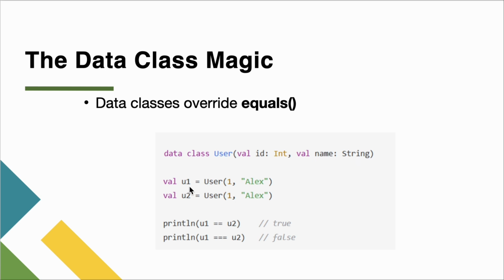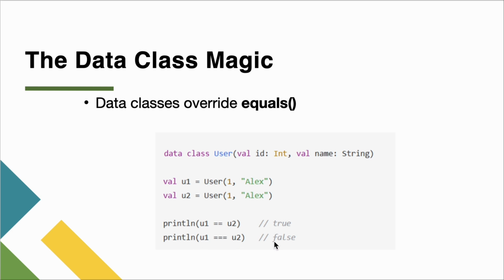Now val user1 equals User, where I'm passing 1 and the name Alex. In user2 I'm passing 1 as the id and the name Alex. Now print u1 double equals u2, it is going to be true, and println u1 triple equals u2, that is going to be false.